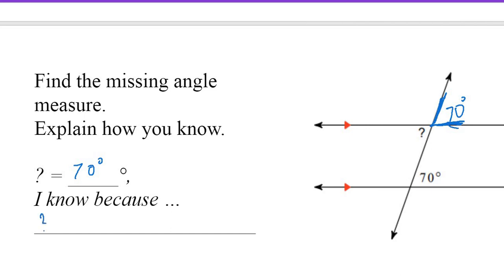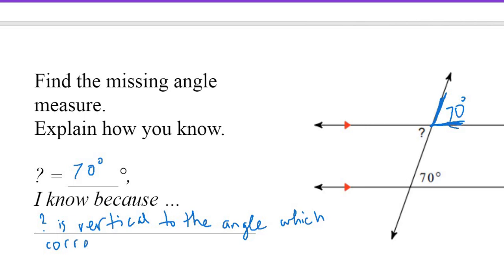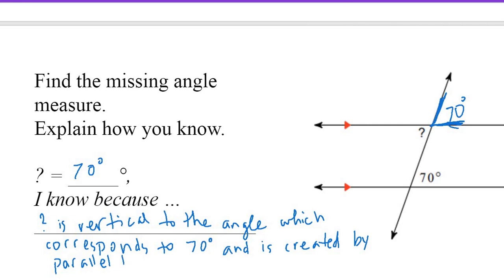Okay, the question mark is vertical to the angle which corresponds to 70 degrees and is created by parallel lines cut by a transversal.